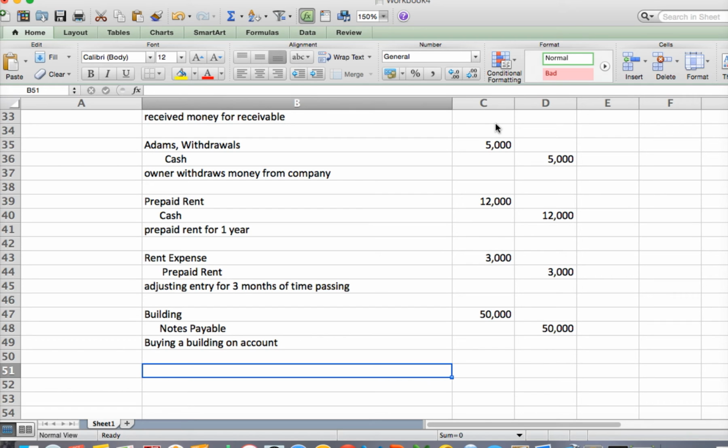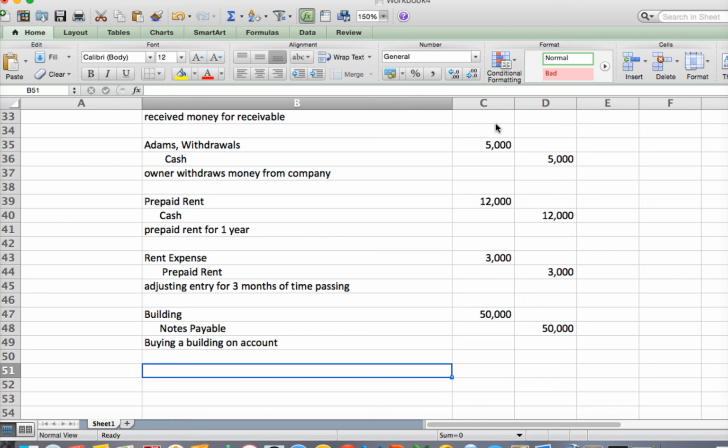Okay, let's look at another adjusting entry. We already looked at the effect of prepaid rent. Now let's look at what an accrued liability looks like, or an accrued expense. So let's say now we receive a $300 telephone bill that we haven't paid yet. Okay?